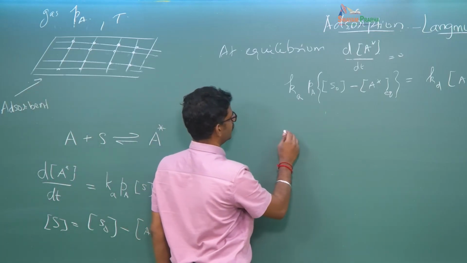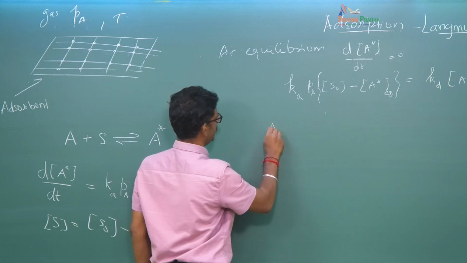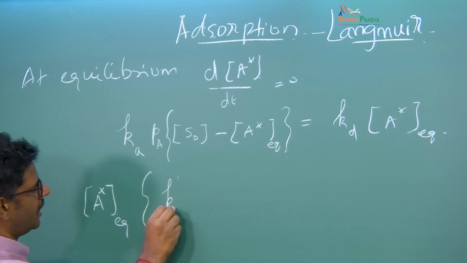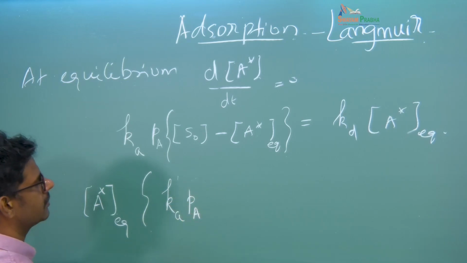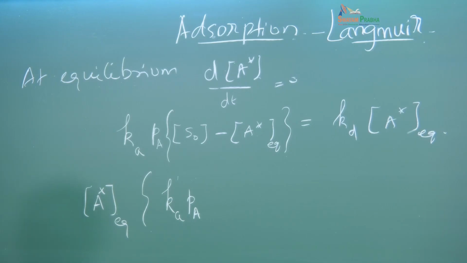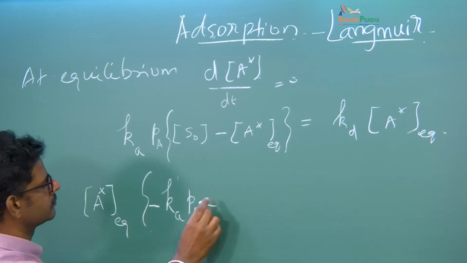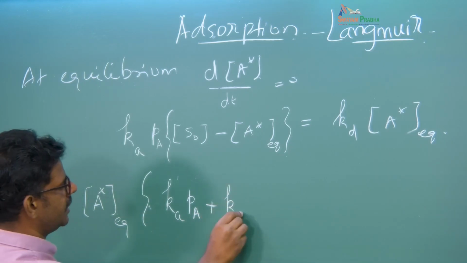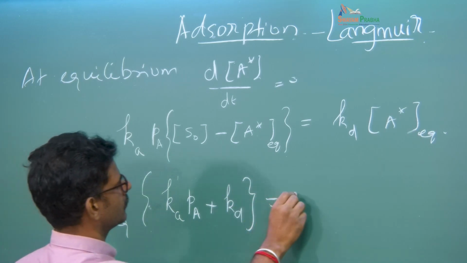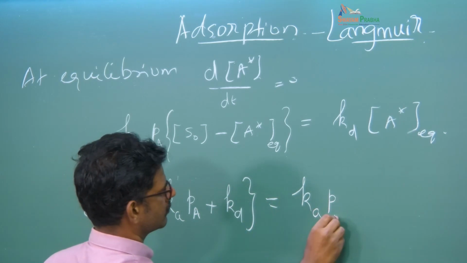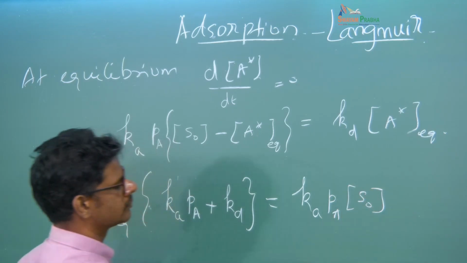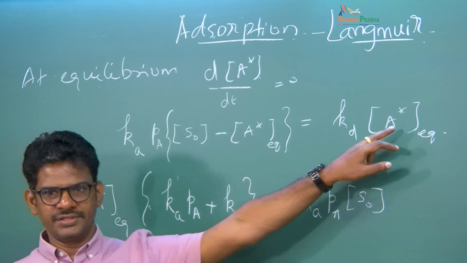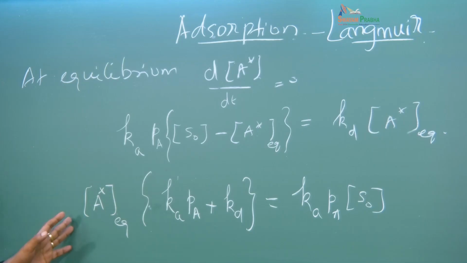So now you can solve for A star. A star at equilibrium is equal to Ka Pa S naught, divided by Ka Pa plus Kd. There is an A star term here and another A star term here, and you bring all of them to one side.